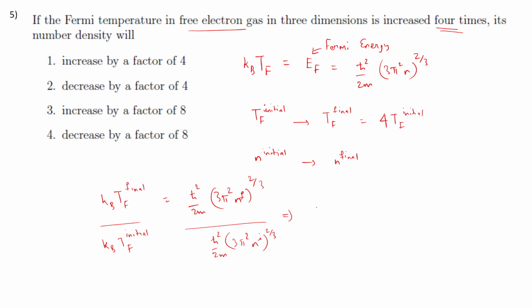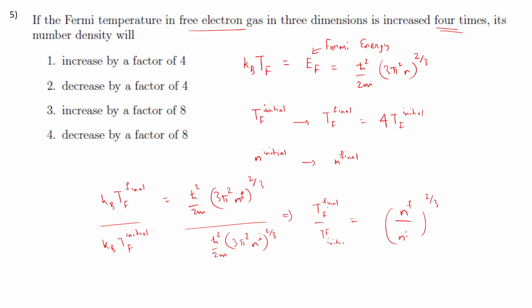This is nothing but TF final over TF initial, and this is given by n final over n initial to the power 2 by 3.